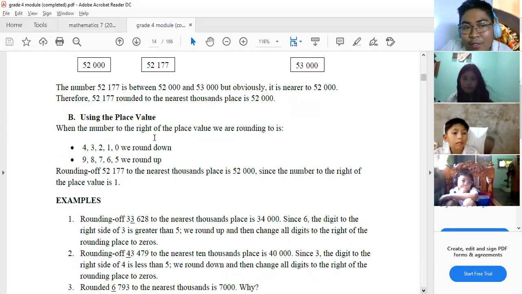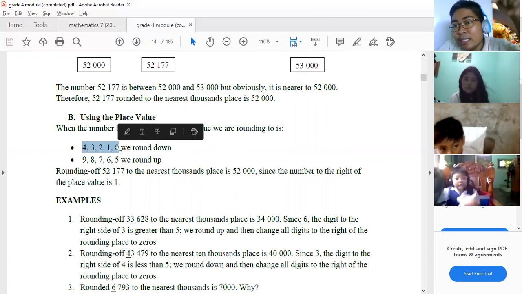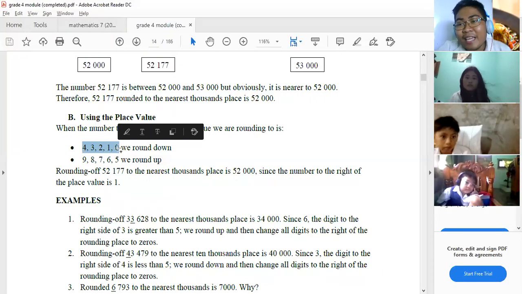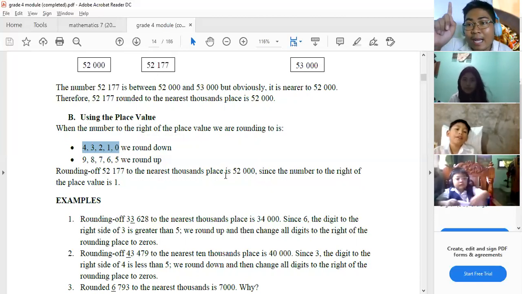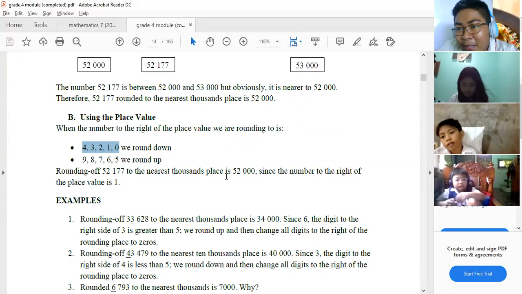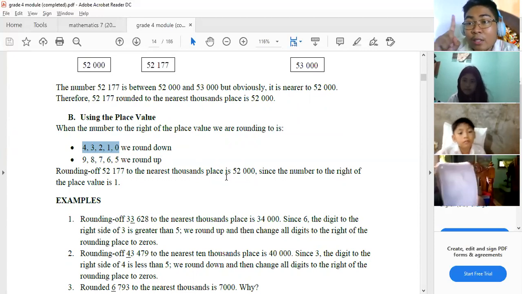Now let's use the place value. When the number to the right of the place value we are rounding off is 4, 3, 2, 1, or 0, we round down, meaning the number stays. While if it is 9, 8, 7, 6, or 5, we round up, meaning we add 1.